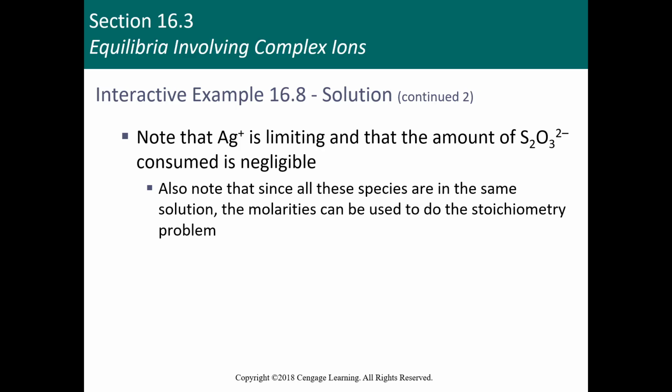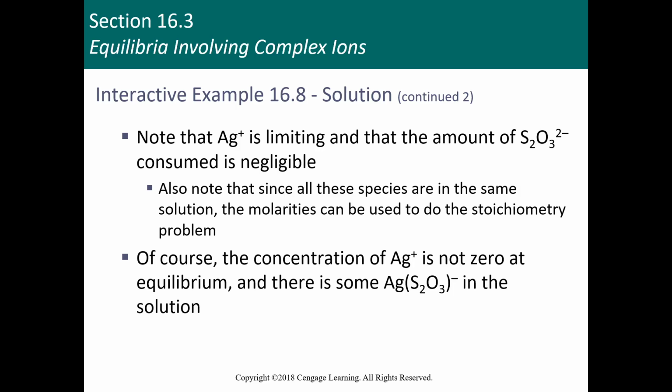So the Ag+ is limiting. The amount of S2O3 that's consumed is negligible here. All the species are in the same solution, so the molarities can be used to do the stoichiometry problem. We don't need to worry about converting them into millimoles or moles.